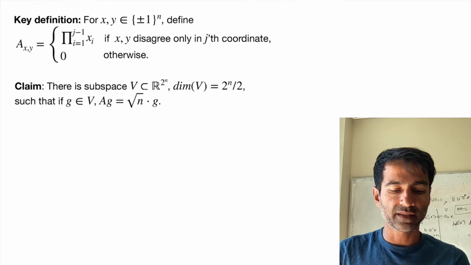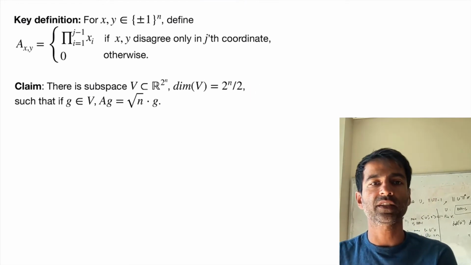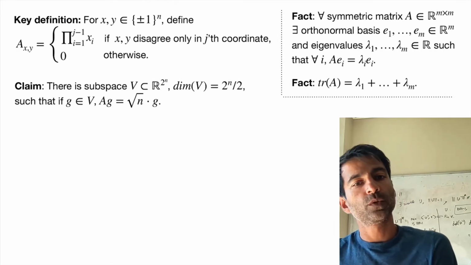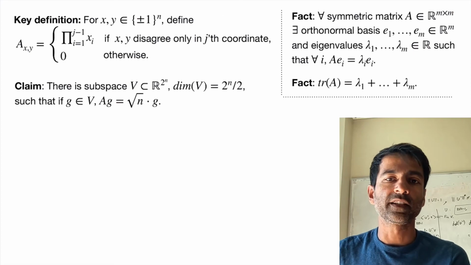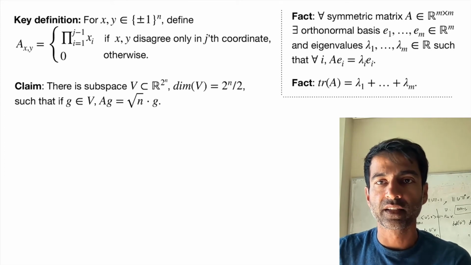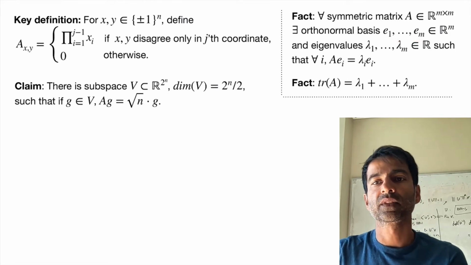So let's do that. So this is the claim we need to prove about the matrix. And to prove this claim, we'll use two basic facts from linear algebra that I will not prove. The first is that for every real-valued symmetric matrix A, there is a basis of eigenvectors.